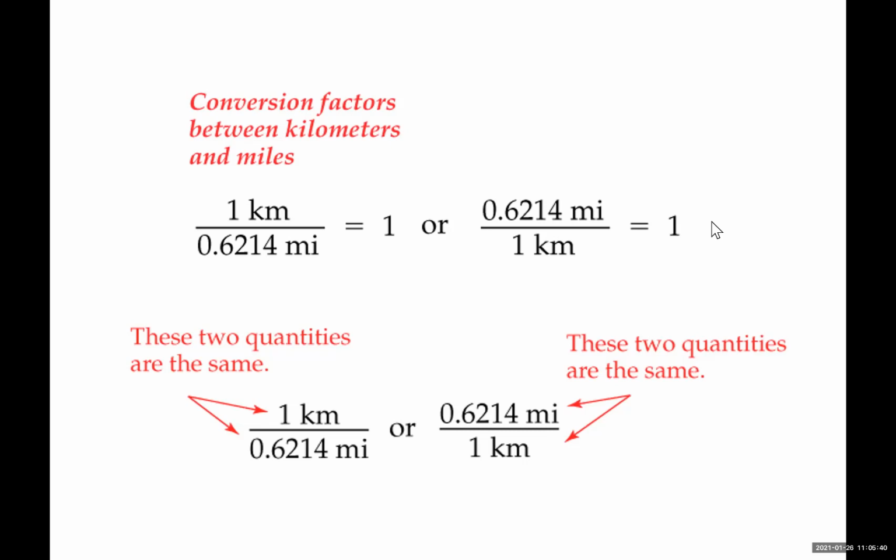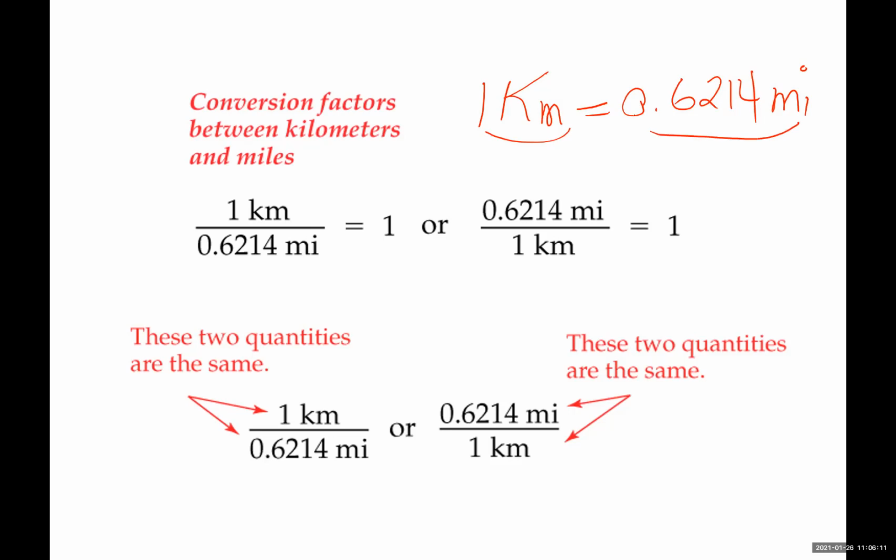Let me get rid of my keyboard, and I can write on my tablet. If the table is telling you 1 kilometer is equal to 0.6214 miles, can I say these two are identical?